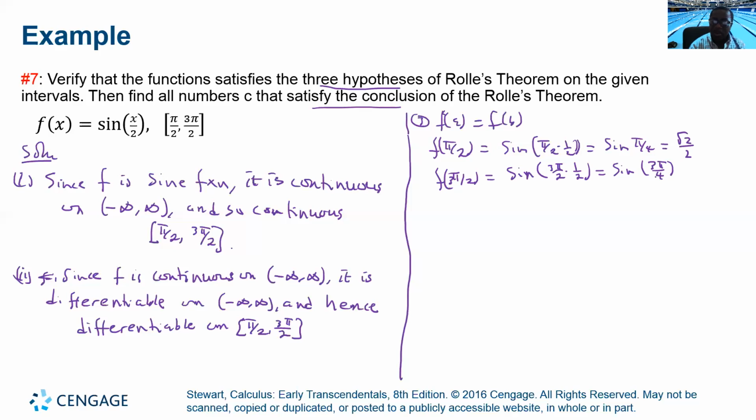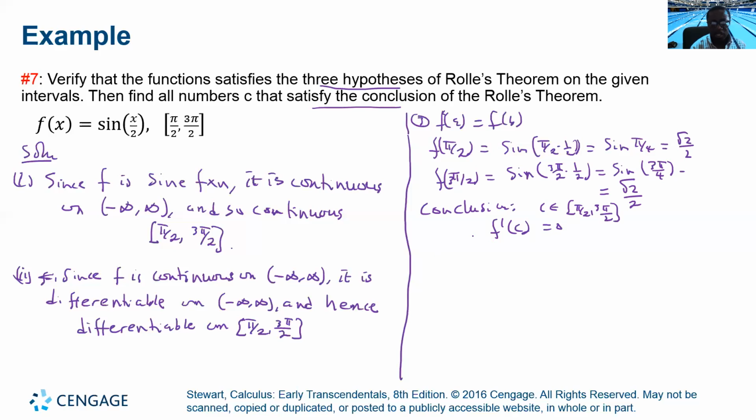And this is the second quadrant, so it's also positive. So what is the conclusion? The conclusion is that there is a C in the interval pi by 2, 3 pi by 2, such that f prime at C is equal to 0.